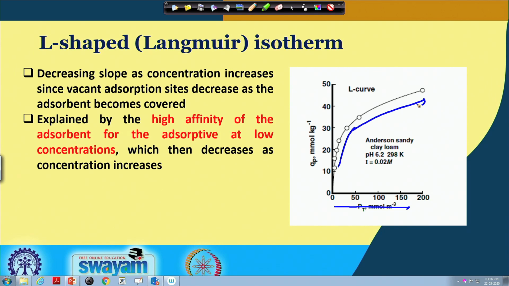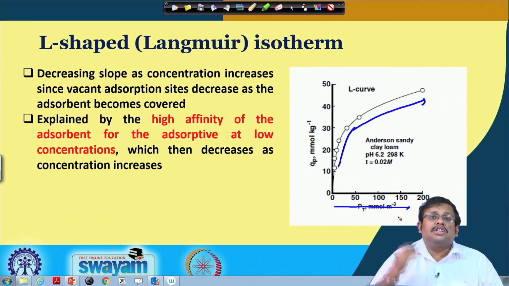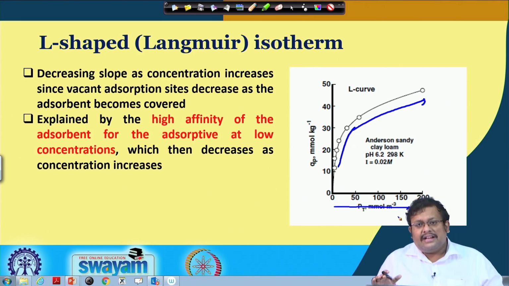This decreasing slope as concentration increases shows that vacant adsorption sites decrease as the adsorbent becomes covered. This Langmuir adsorption isotherm is basically for monolayer adsorption.